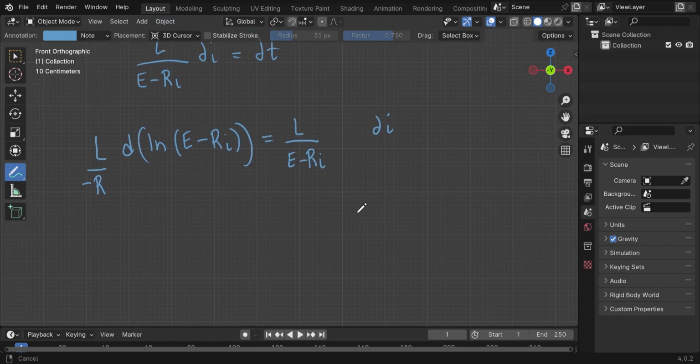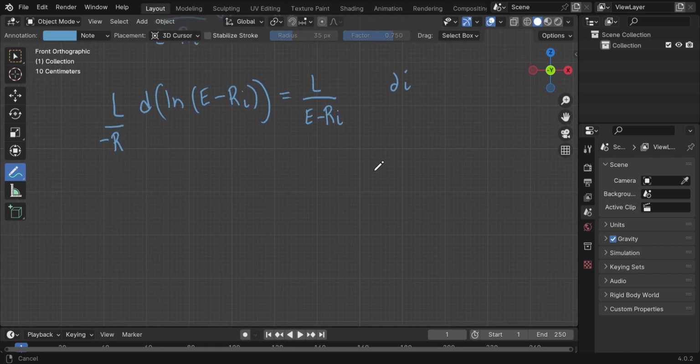So on the left hand side we have L over negative R times the derivative of ln E minus R I is equal to dt.